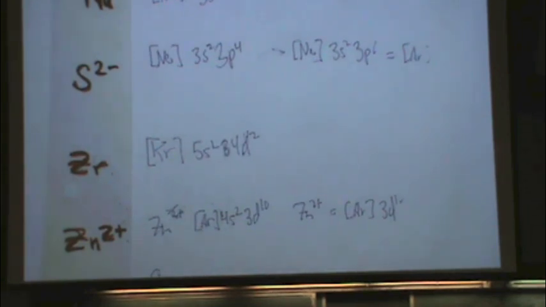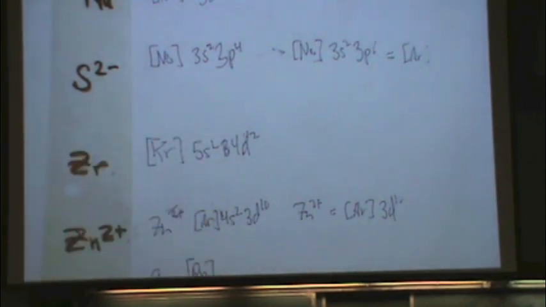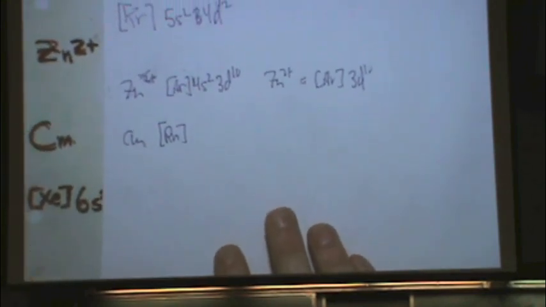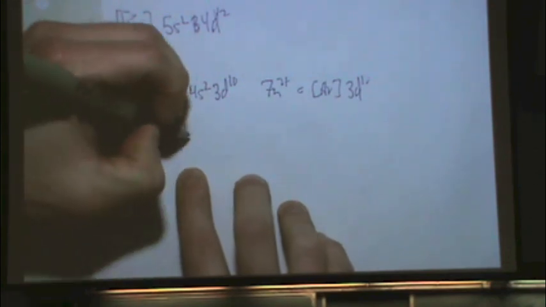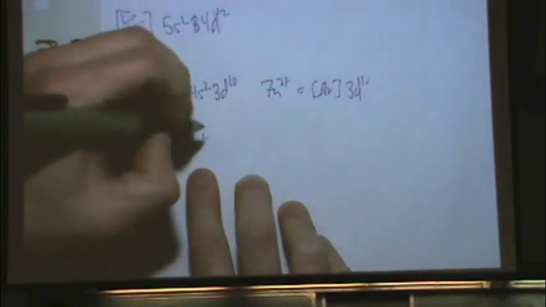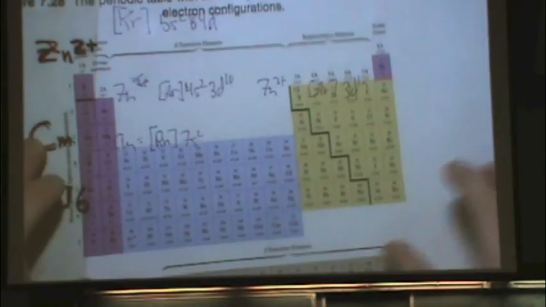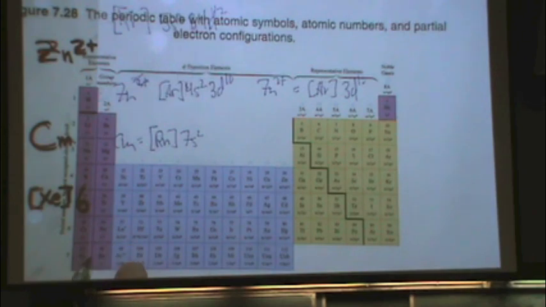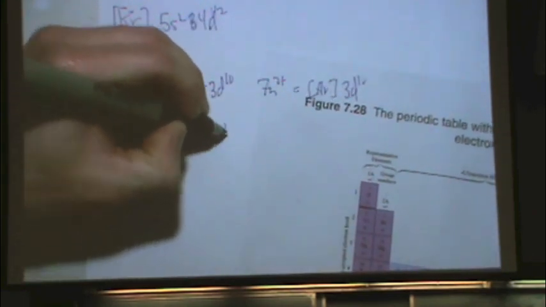So Cm is 96, so we're going to start with radon. Then we're going to fill up the S. This one happens to be better off if we use this periodic table right here, because it does have one d orbital. So we're going to take this and write 61.